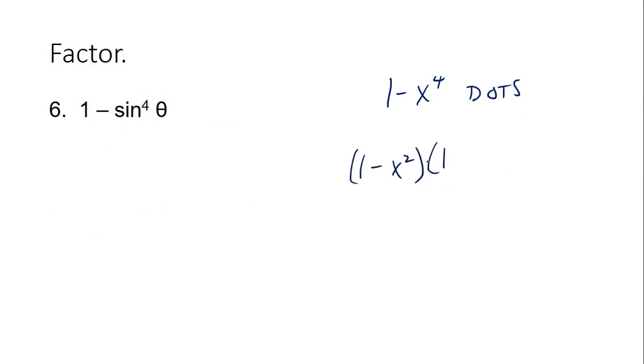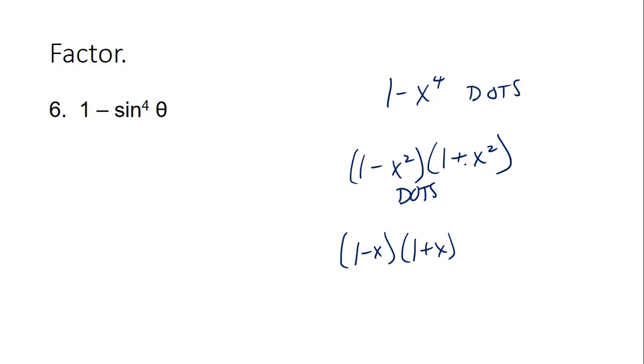And I'm left with 1 minus x squared and 1 plus x squared. However, this is another difference of two squares. 1 minus x squared is still two perfect squares being subtracted, right? So that can factor even more, and it factors to 1 minus x times 1 plus x.